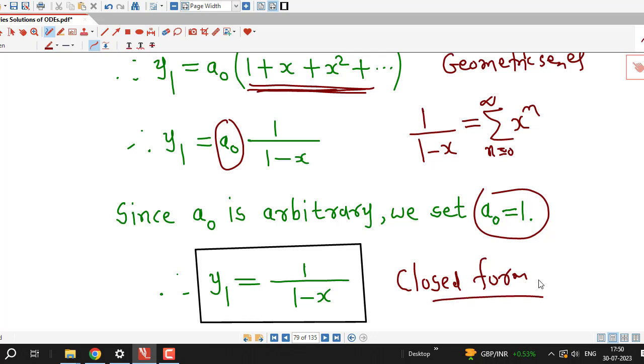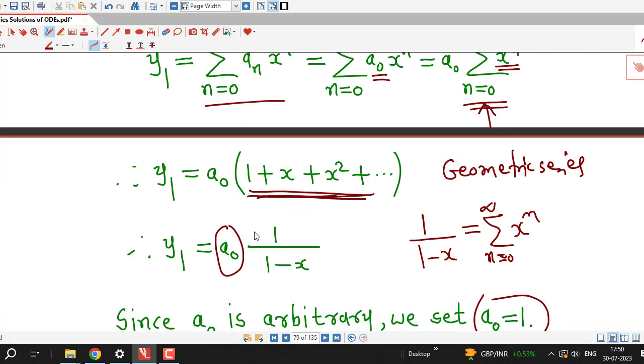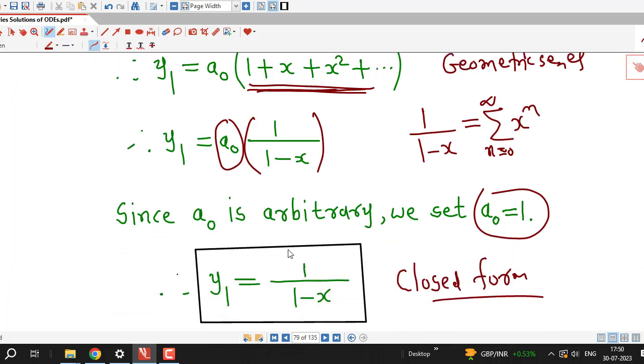Our series solution is a0 sigma x raised to n, and this we can represent in closed form also, 1 over 1 minus x.